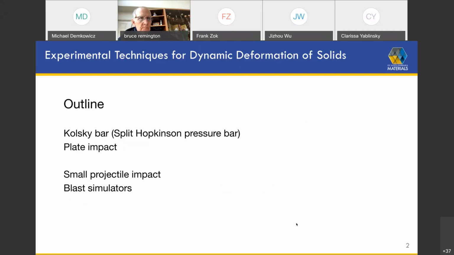I think it's essential that in order to understand and fully exploit any experimental technique, you really need to understand the underlying theory, even at a very rudimentary level. And so one of my goals today is to go through a few of the very elementary derivations associated with dynamics of stress wave propagation.